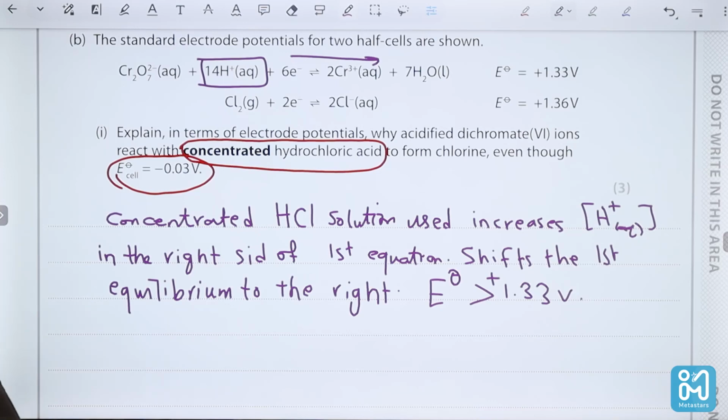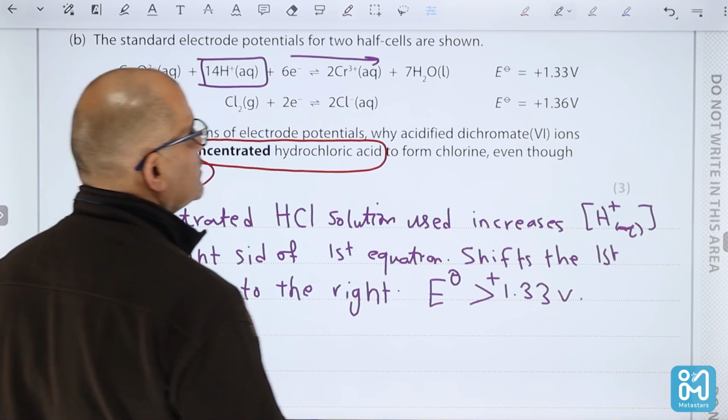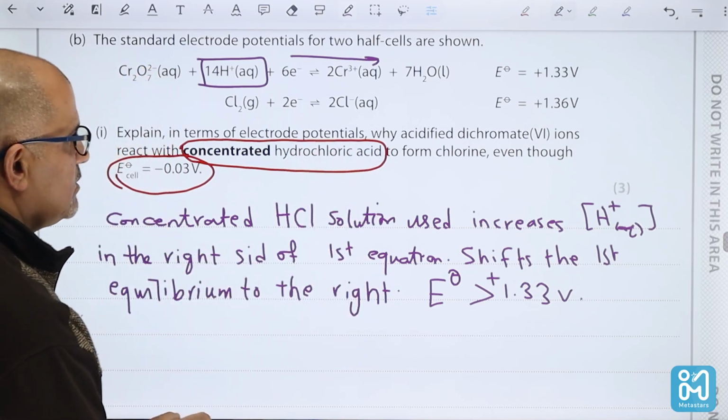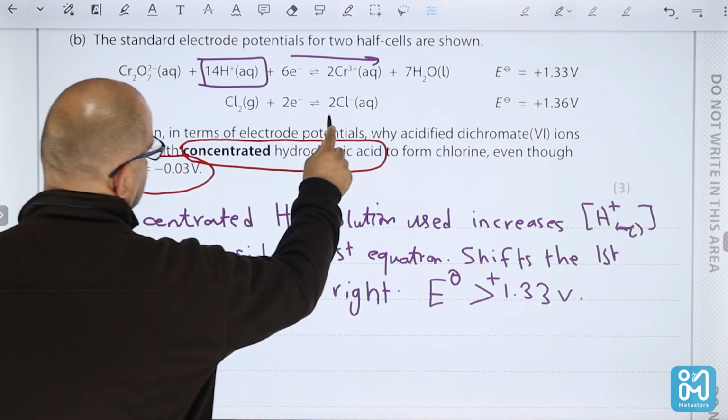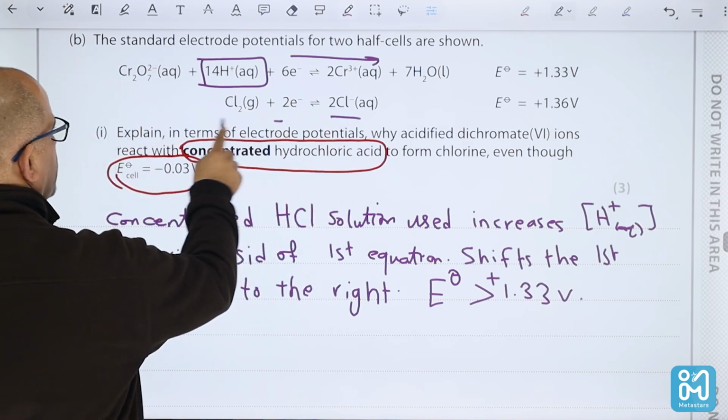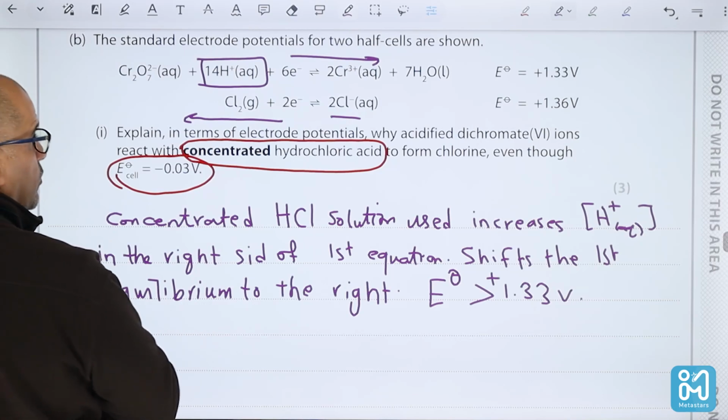And if there is more Cl negative ion in the second one, this means that the reverse reaction will be increased.